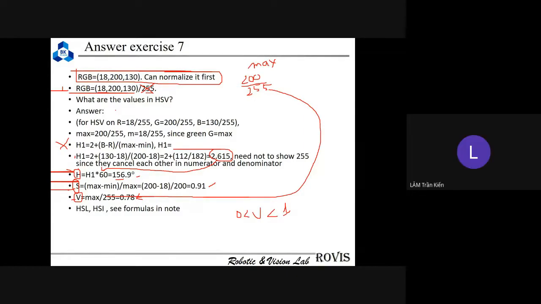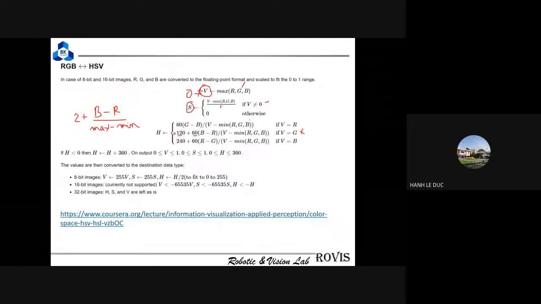Ủa thầy, với lại giá trị red với green giả dụ bằng nhau thì mình chọn cái công thức nào hả thầy? This is the same question. For example, the max is red and green, which have the same value. So V we can calculate, and S we can calculate.